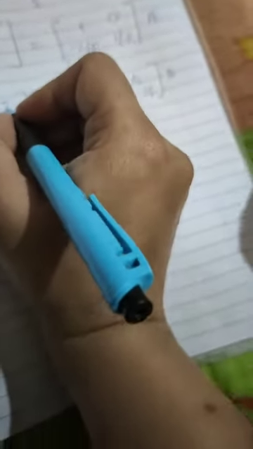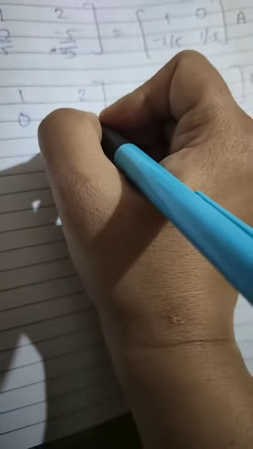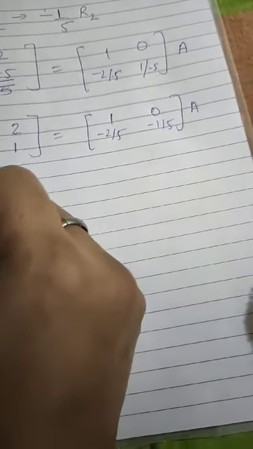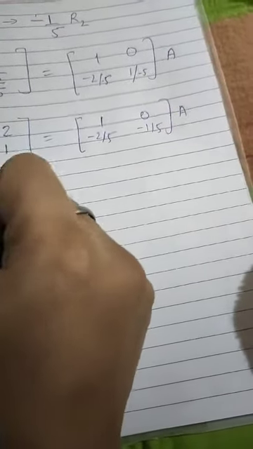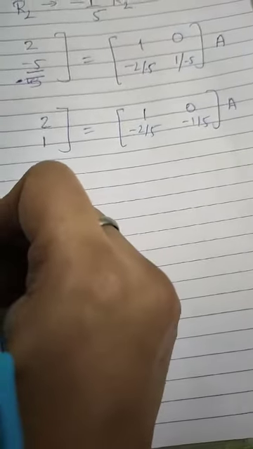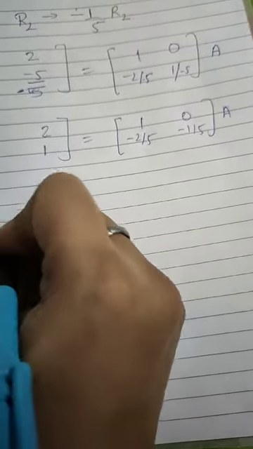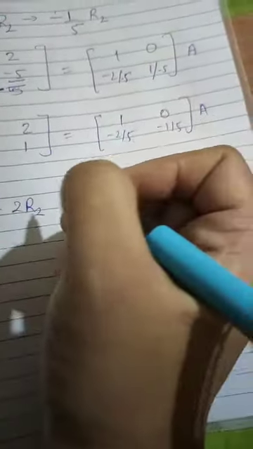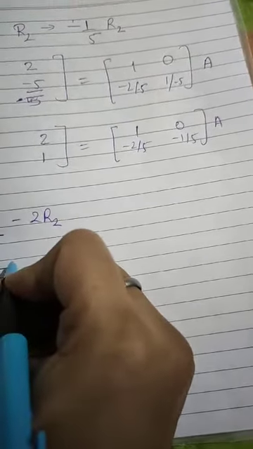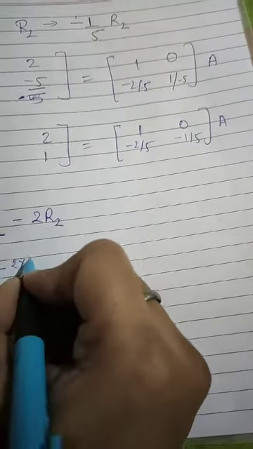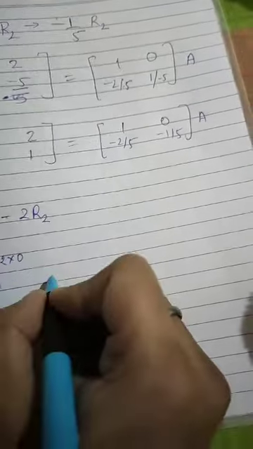Now we want to make this 0. So multiply 2 in R2 and subtract it from R1. I can write R1 tends to R1 minus 2 R2. We write the answer on R1 and the down value will be as it is.